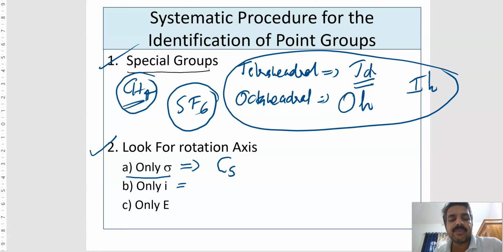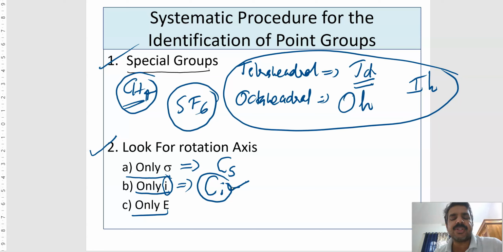And if the molecule contains no symmetry plane and no rotation axis, and has only an inversion center i, a center of symmetry, then the point group will be Ci. Ci is the point group of a molecule containing only an inversion center, no other rotation axis, no other symmetry plane.